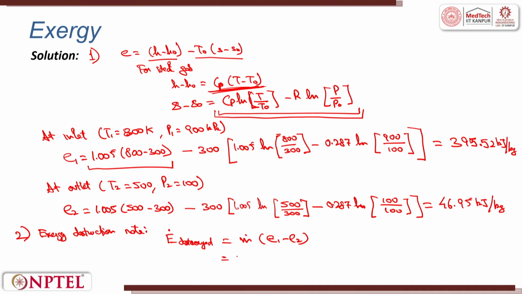Here m dot is our mass flow rate, that is 2 kg per second, into E1 minus E2, and these values we have calculated here: 395.52 minus 46.95. We get the exergy destruction rate as 697.14 kilowatts. This was one more problem in exergy.